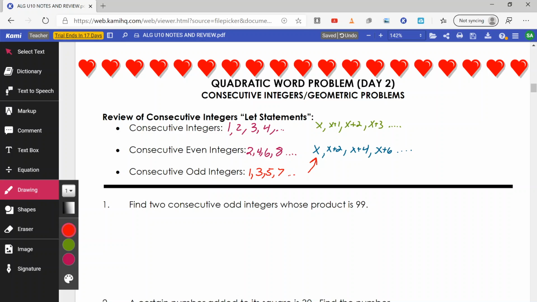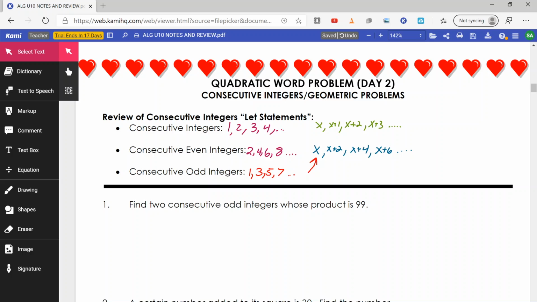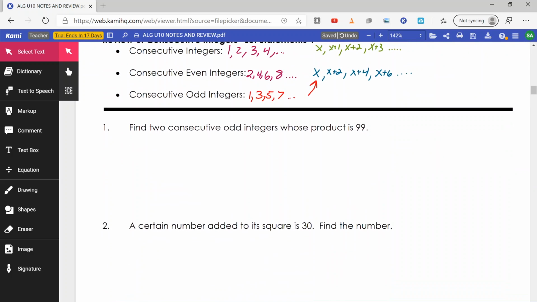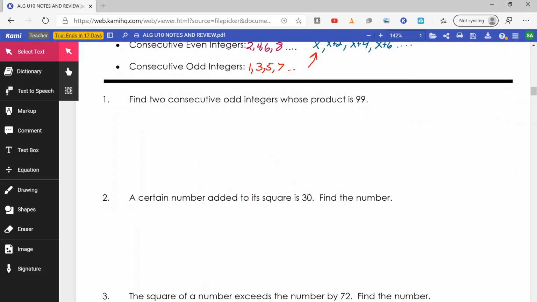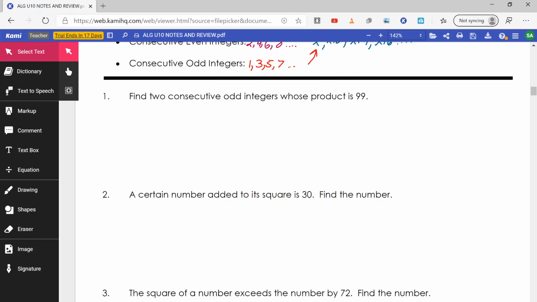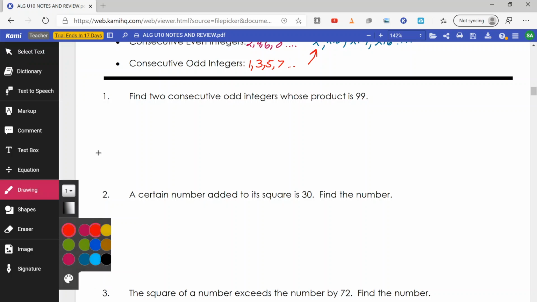So let's take a look at how that looks within word problems. Here we have to find two consecutive odd integers whose product is 99. They don't tell us what the integers are, so the first one is our unknown x.